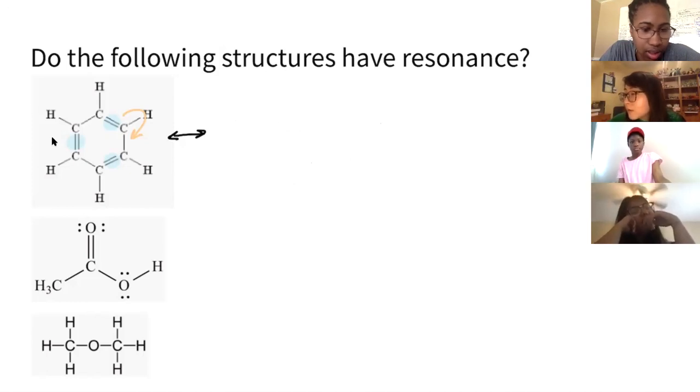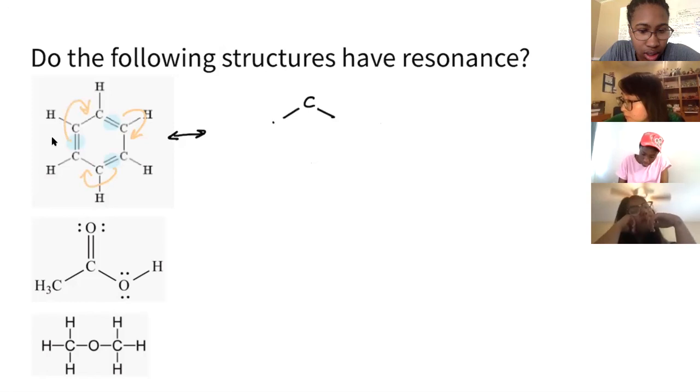What you want to do is actually move all these double bonds around. So it's like a little carousel. Let's see, 1, 2, 3. Make sure none of them are touching.